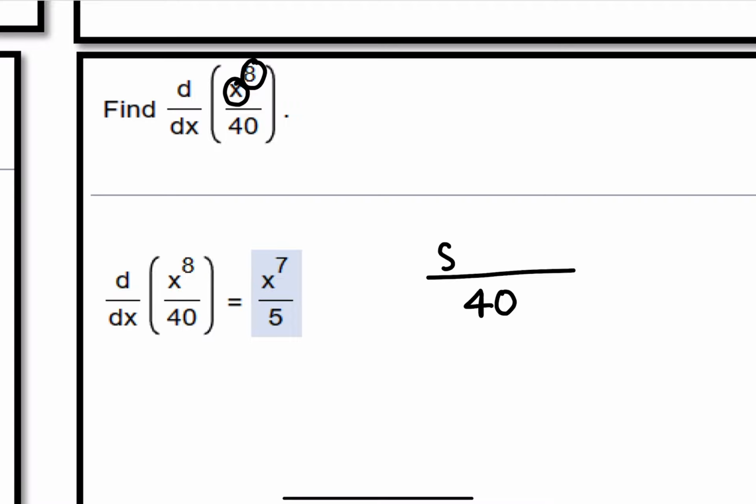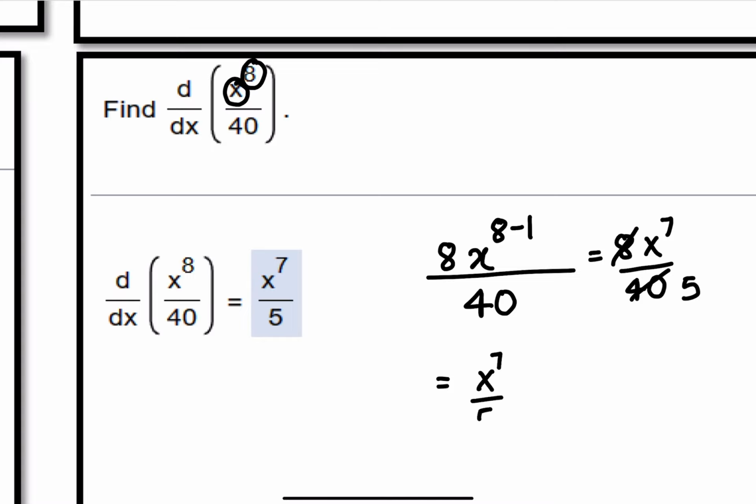So it's n x to the power n minus 1, which is 8 x to the power 7 divided by 40. Now 8 goes into 40 5 times, so my final answer is x to the power 7 divided by 5. The answer matches. So if you see a constant, just bring the constant over until you finally simplify it. As simple as that.